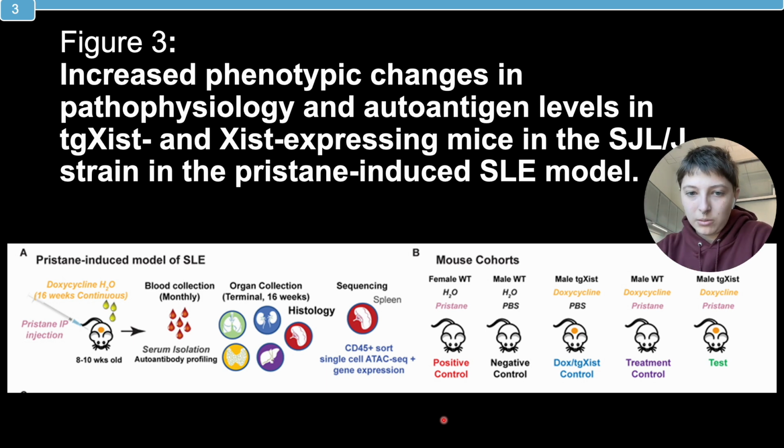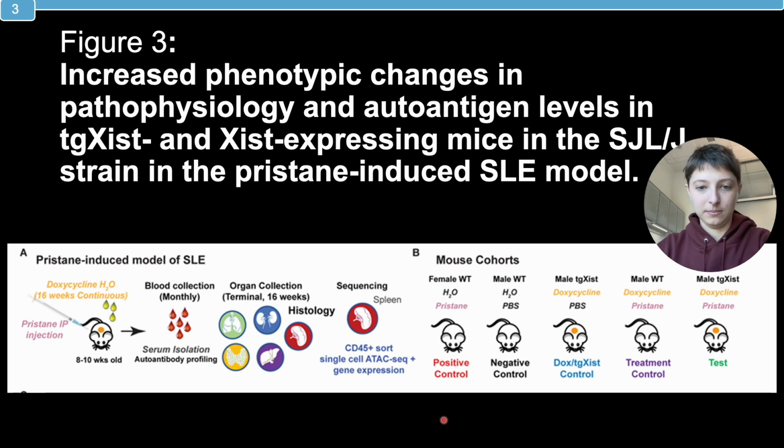We've established a general trend that these test males, these mutant males with dox and pristane, are similar to mutant females with pristane. Both of those groups are Xist expressing groups, and so we see this trend that in gene expression and in chromatin states, they're similar.